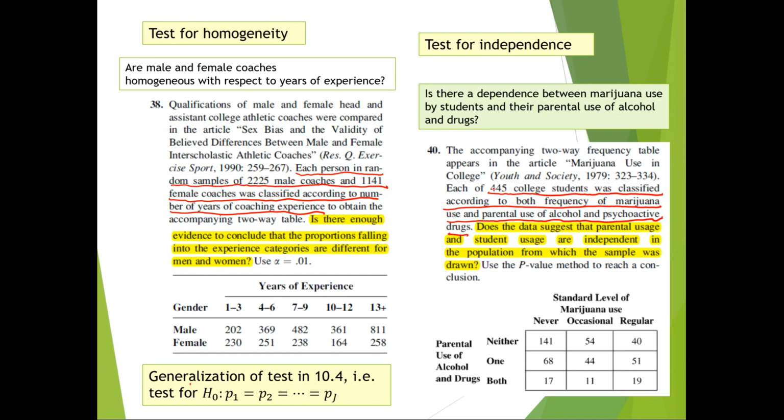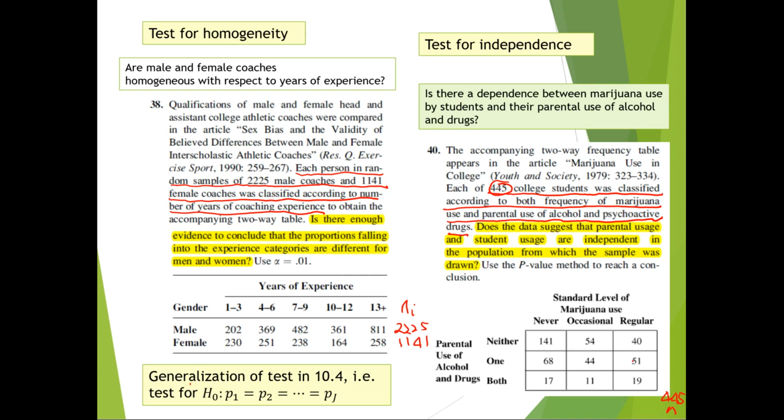So you have a total that is fixed, 445. Here you had a total of 2225 and a total of 1141, N1 and N2. And here you have a total N that is classified according to two factors, namely parental use of alcohol and standard level of marijuana use.